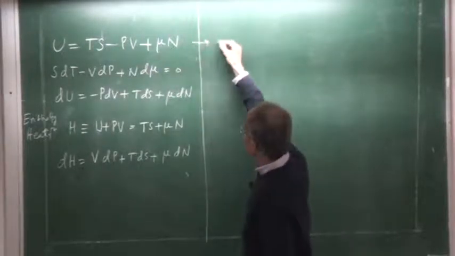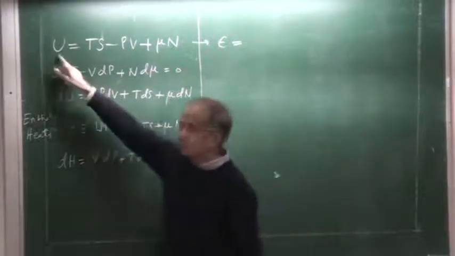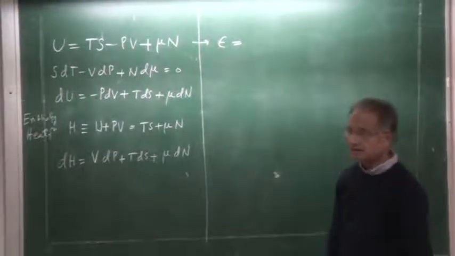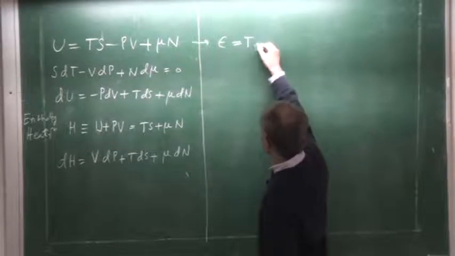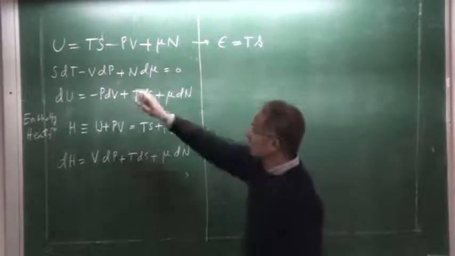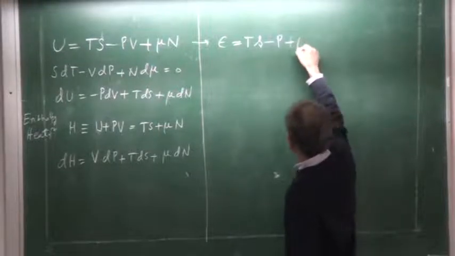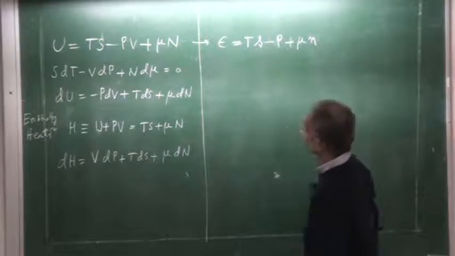It will be epsilon, where epsilon is the energy density, internal energy density, T and S becomes small s. This is minus P and mu n. Simply dividing by the volume.